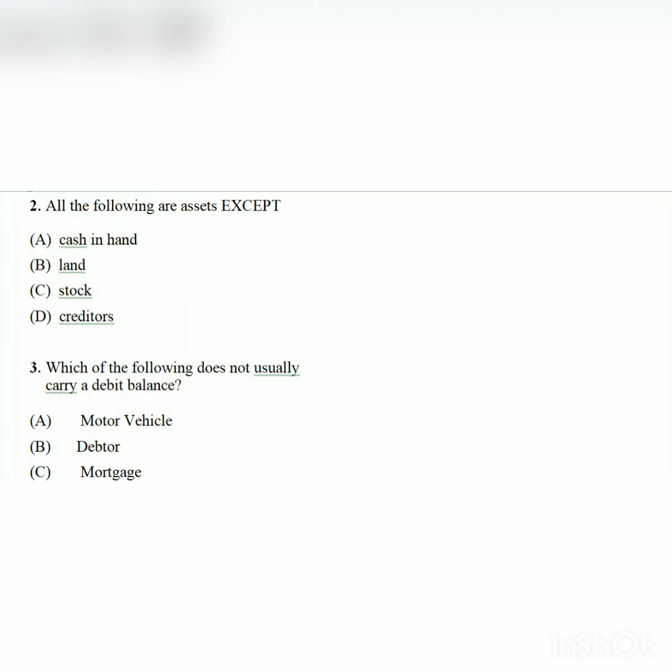So by way of elimination, the only option here that would be out would be creditors, because we know that creditors are those persons whom the business owes. They are a liability. It means that the business would owe these persons, your creditors, for maybe resources supplied to the business. So for question 2, our answer here would be D.